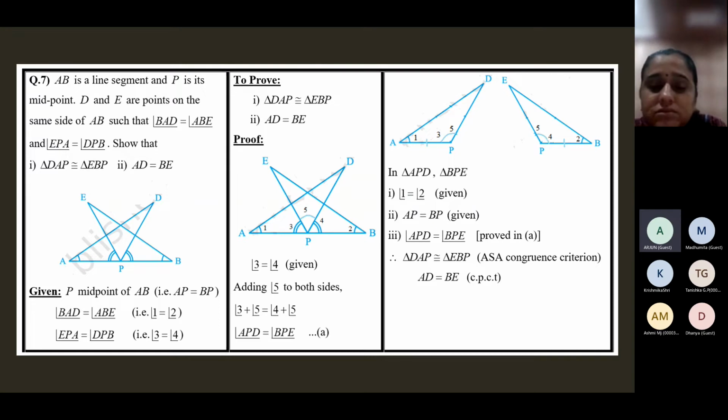I want Tanishka or Krishmika to explain this. Whoever volunteers first. Can I, ma'am? Yes, Tanishka, go ahead. Just take some time, prepare yourself, and then you can say.